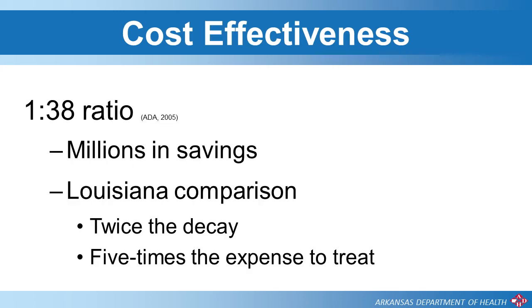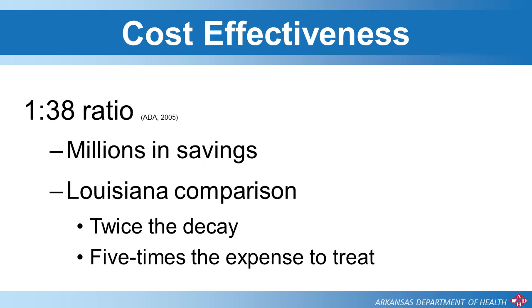It has been estimated that for every $1 spent on water fluoridation, there's a potential savings of $38 due to the decreased need for restorative treatment. The average cost per person varies based on community size, but it is estimated to be 50% less than the cost of a single simple restoration. This can be a savings into the millions of dollars when looking at the savings to public health insurance such as Medicaid.